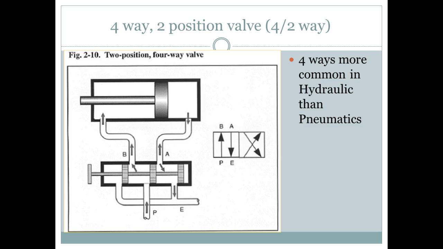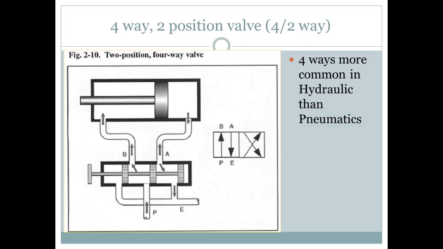The phrase is, when in doubt, meter out, because meter out works on both. If we put the flow control on the input, the pressure side, the pneumatic cylinder would be jerky. The exhaust is the output, is what we call it.